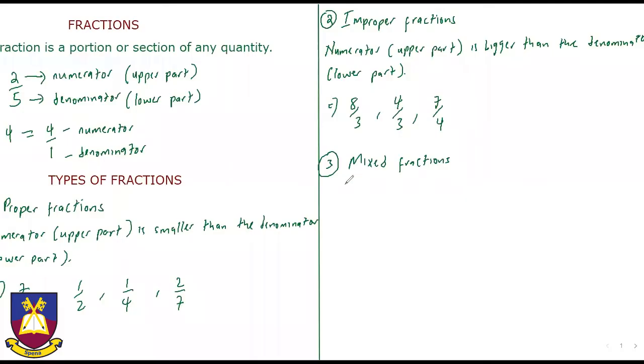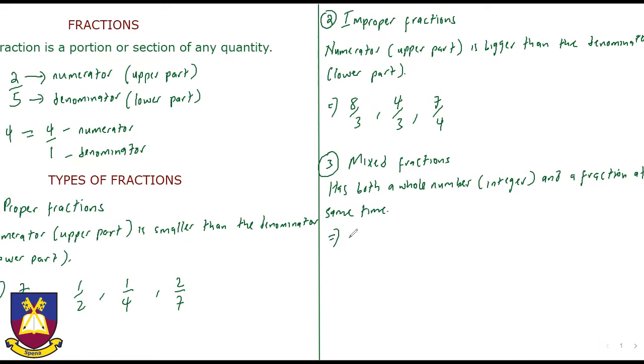We have what we call mixed fractions. A mixed fraction is one which has both a whole number, could be an integer, as a whole number, and a fraction at the same time. That's what we call a mixed fraction.